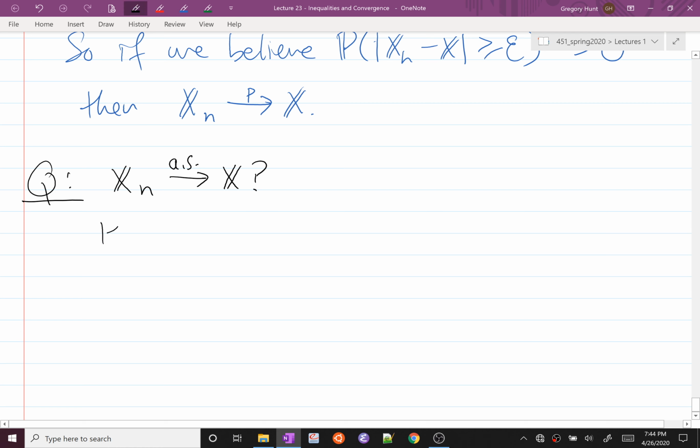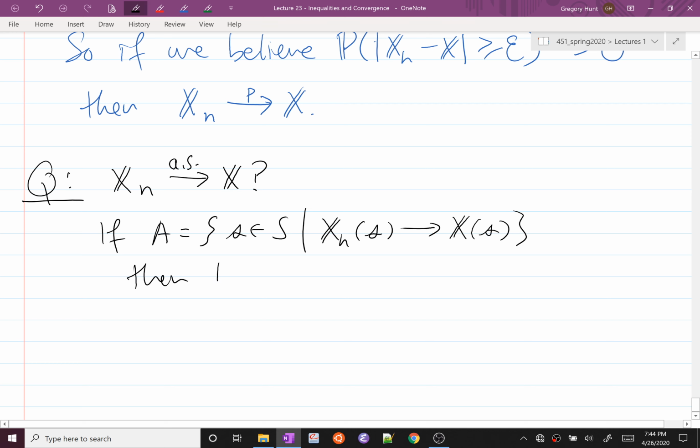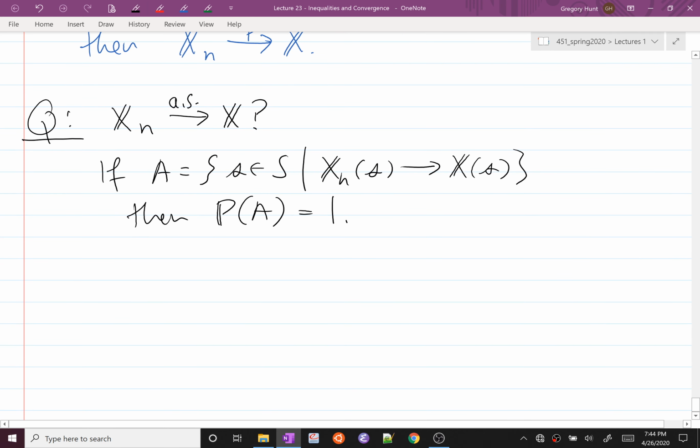That is, if A is the set of s in my sample space such that xn of s converges to x of s, then the probability of the set A better be 1. It doesn't work in this case, so the answer here is going to be no.